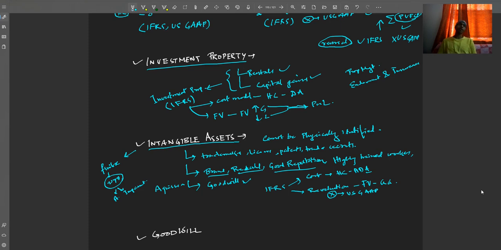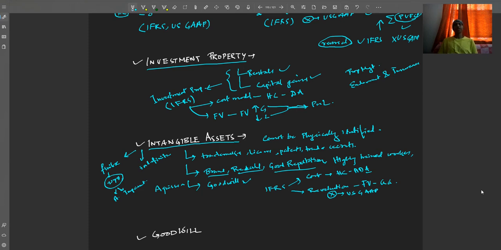Now there is another kind of intangible asset which has indefinite life, like a brand name, like Coca-Cola's brand name, or Cadbury's brand name, or Britannia's brand name, or Apple. For these kinds of things, you cannot put a number on how many years this intangible asset will last.